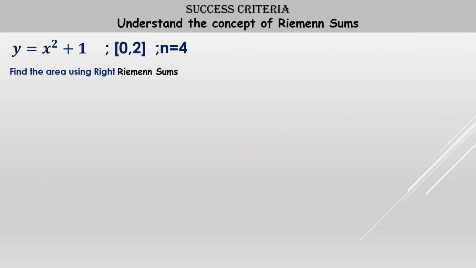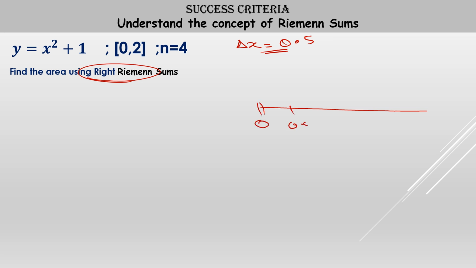For the next question, you have to do the same calculation but solve for the right Riemann sum. So already you know that delta x is 0.5. We already have told you that our points are 0, 0.5, 1, 1.5 and 2.